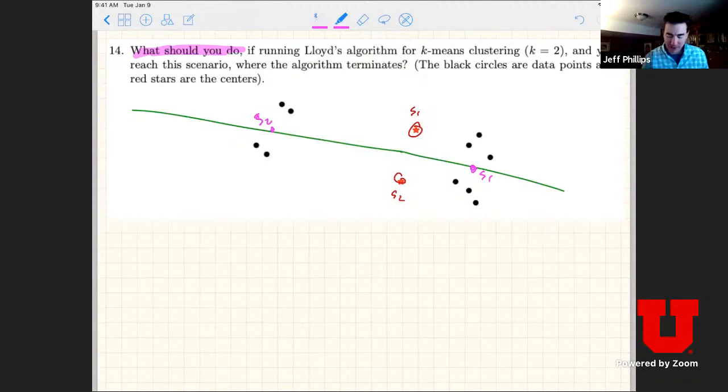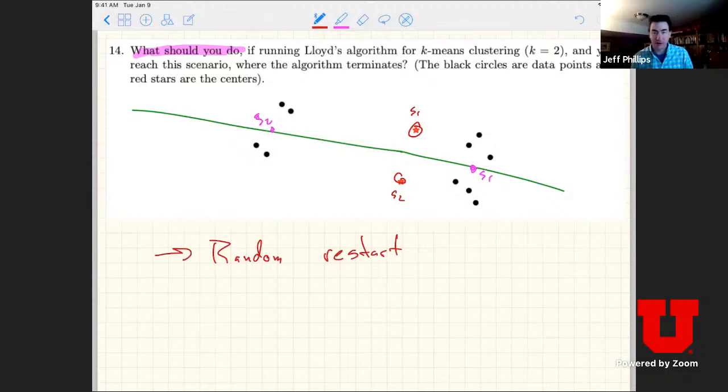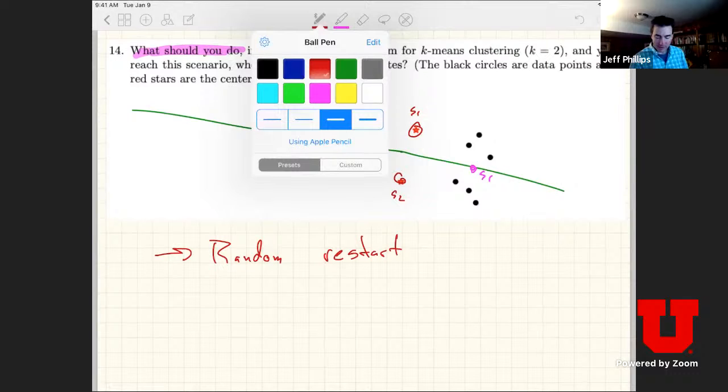And so the answer I'm looking for is that this can sometimes happen. And so what you should do is random restarts, where I'm going to randomly reassign the centers in some other place, and hopefully that's going to give me a better answer here.